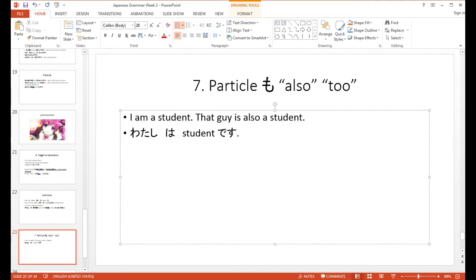That guy, ano or sono. So use ano guy. In this case, ano guy mo. The particle replaces the wa. Okay, ano guy mo student desu.